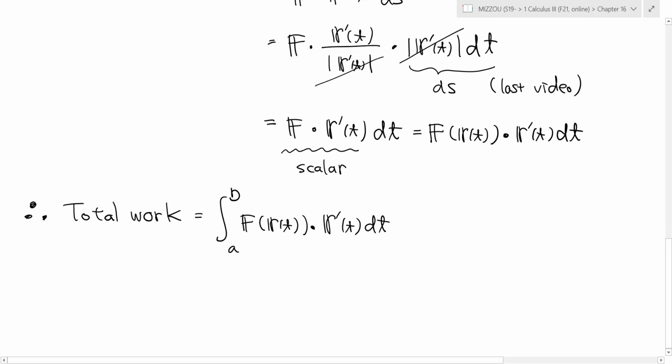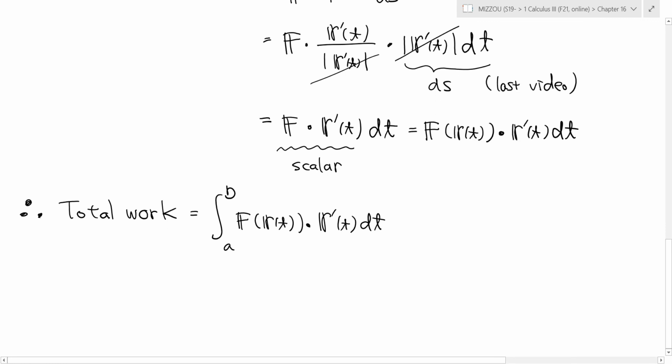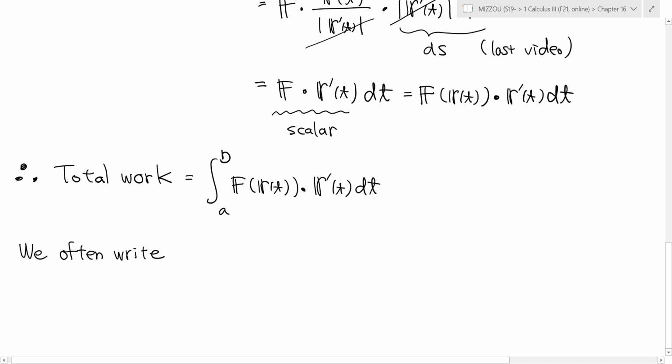This is the formula for the line integral of the vector field F along C. For this, we often write a notation this way: integral over the curve C of F dot dr. This strange looking notation really means this integral.